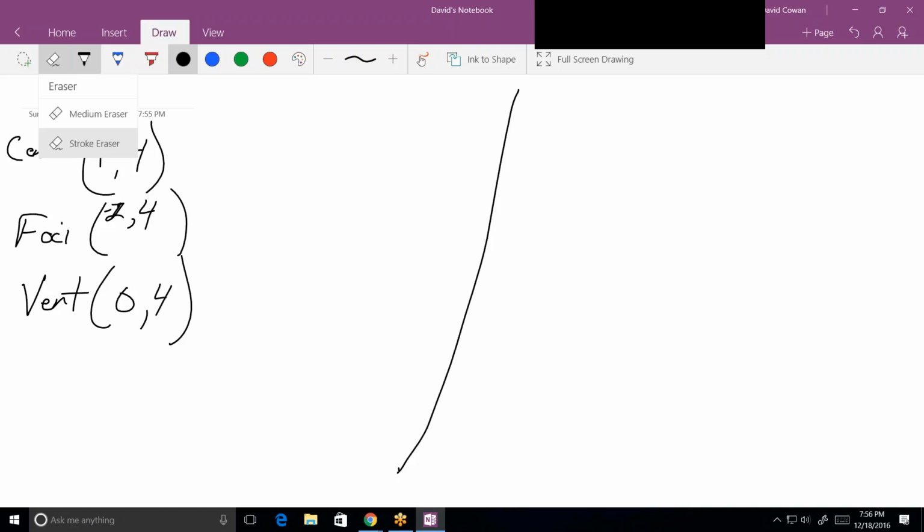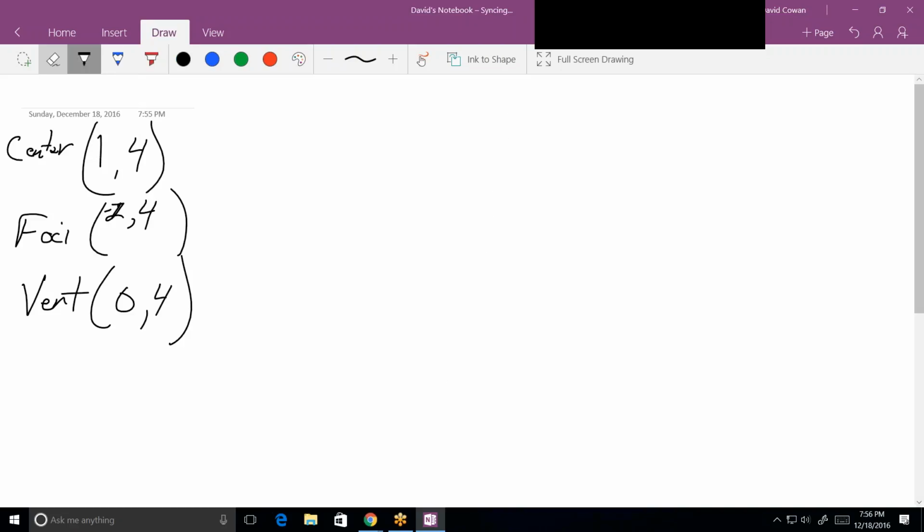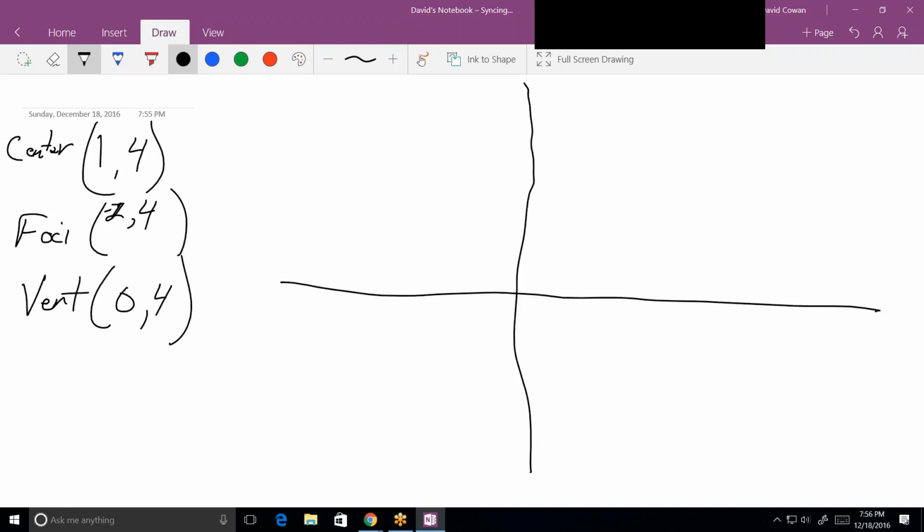So, the very first thing I like to do on these is determine whether they're horizontal or vertical. Can't do much of anything because I don't know the general formula unless I know whether they're horizontal or vertical. So if I put the center right there, the center is at 1, 4 and you have a focus at -2, 4, that tells you immediately what kind of a hyperbola it is.